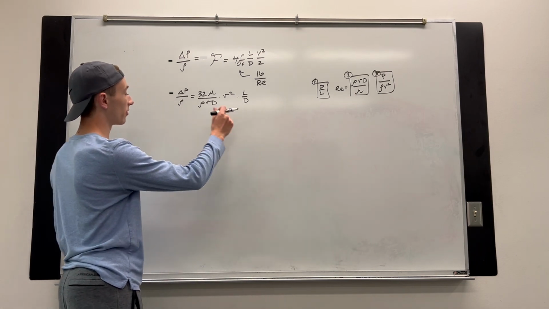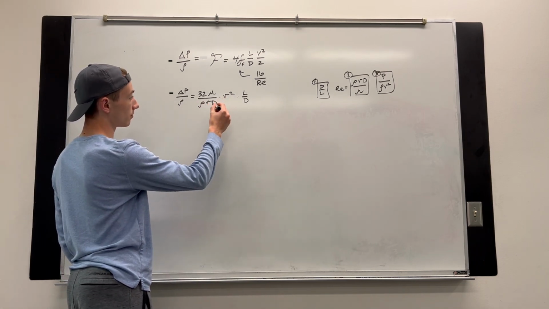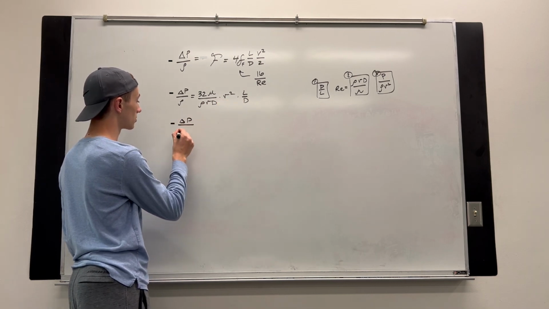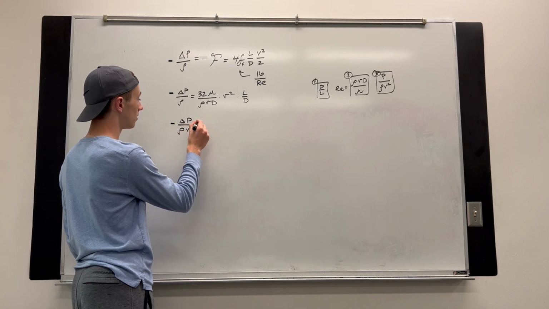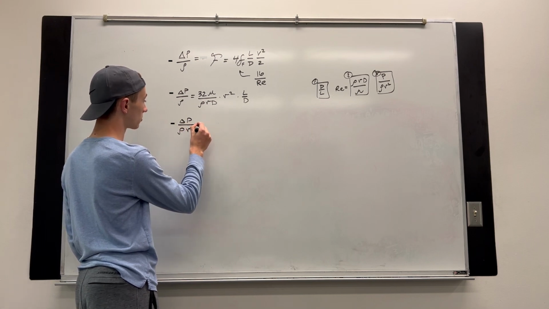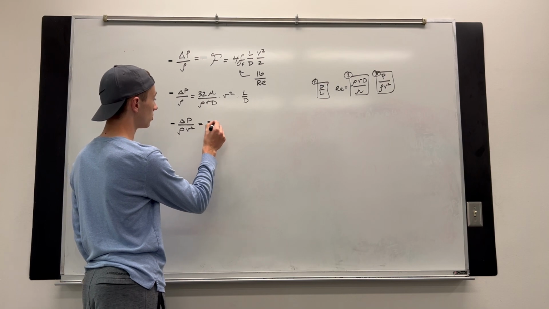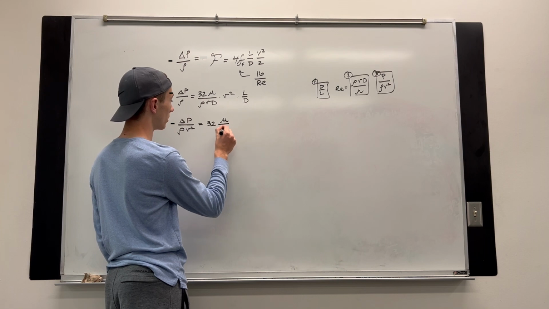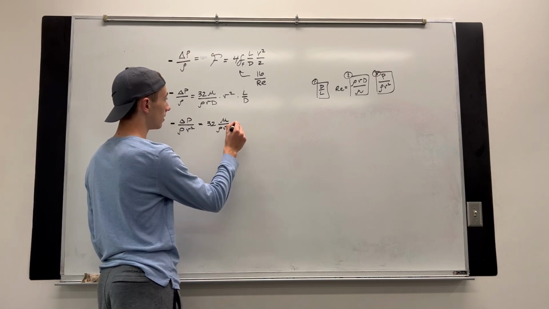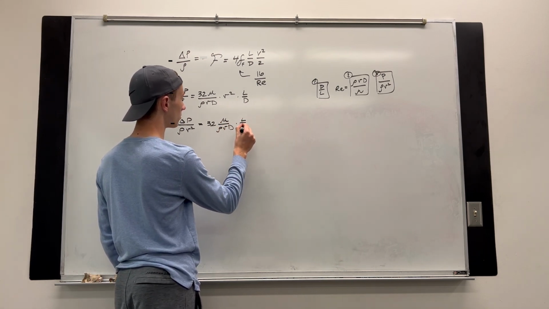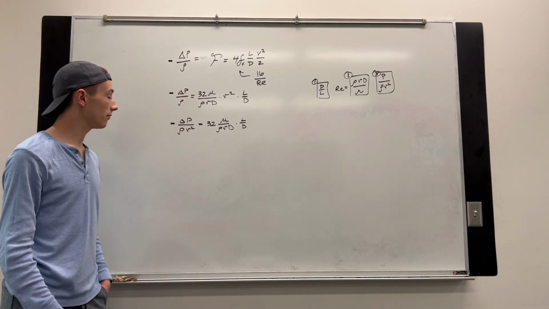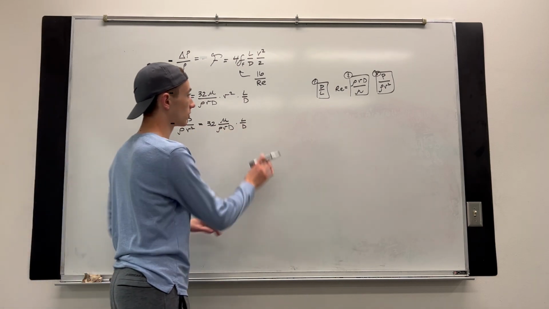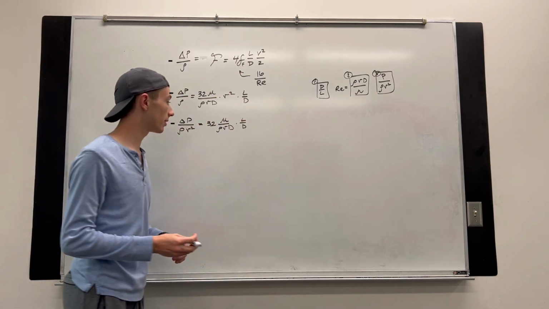If we rearrange some of our terms here, we can divide both sides by velocity squared, and we get delta P over rho V squared equals 32 times the inverse of the Reynolds number, which is mu over rho VD, and then times L over D. And so you can see now that with a constant out in front, we now have our three dimensionless groups here, as we found them here, and they're just a combination of each other.